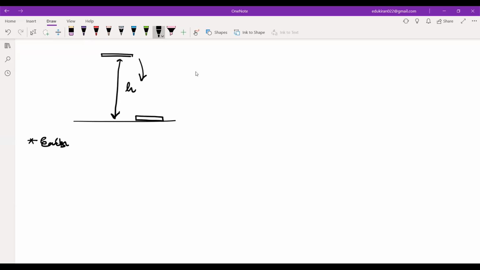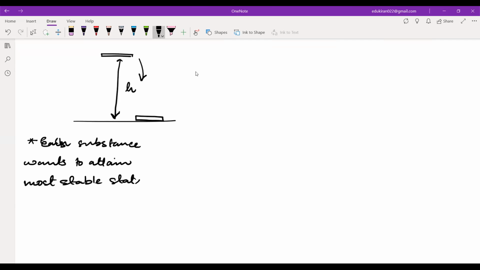Each substance wants to attain its most stable state. That is why, when this pen had some potential energy at height h, and it has fallen down and is at rest right now, the potential energy has decreased, and it is equal to how much?